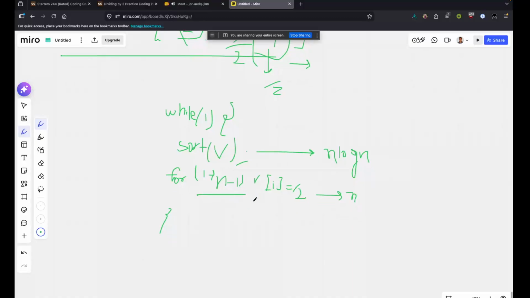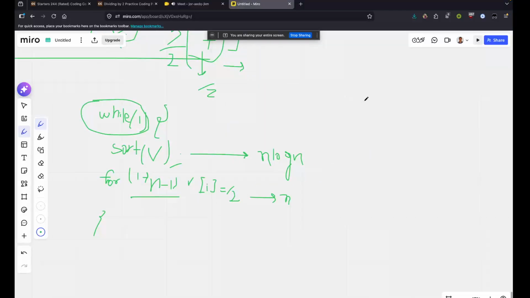Yes, Bhaiya. And what is the function of this while loop? When will it break? Suppose I have a number in my array that is 13. In each operation you are dividing it by 2.